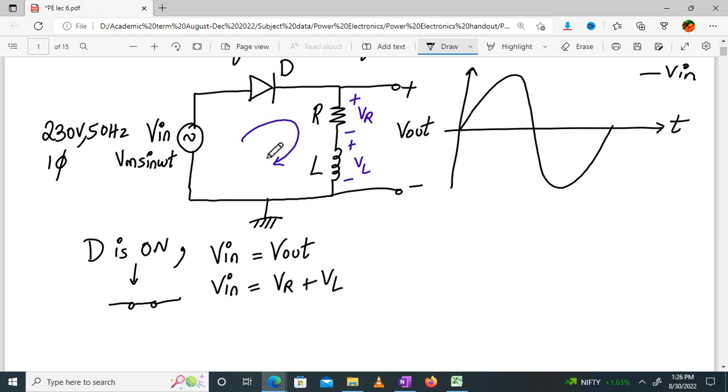Now let's say the current flowing through the circuit is I. Now I can rewrite it as Vin is equal to, what is VR? I into R. Now what is the voltage across the inductor when the current is flowing? You must have studied. L di by dt. Correct? So this is L di by dt.